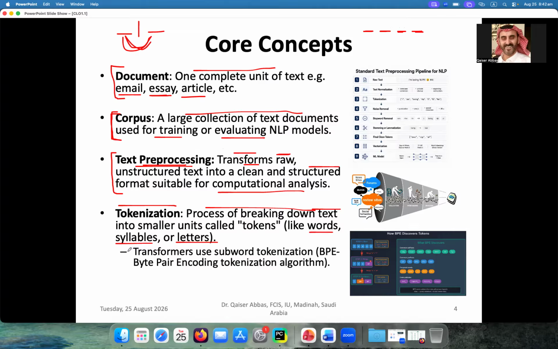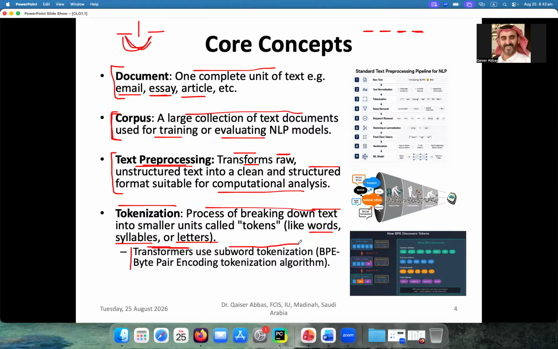Now, I'm just giving examples that the transformers which we are using in LLMs are using tokenization also. But these transformers are using subword tokenization.